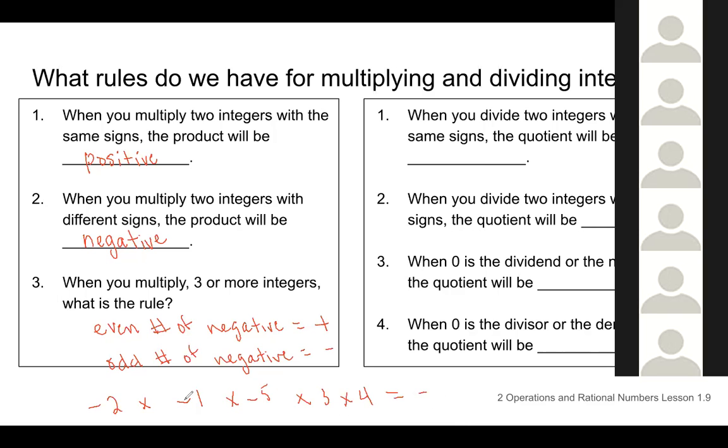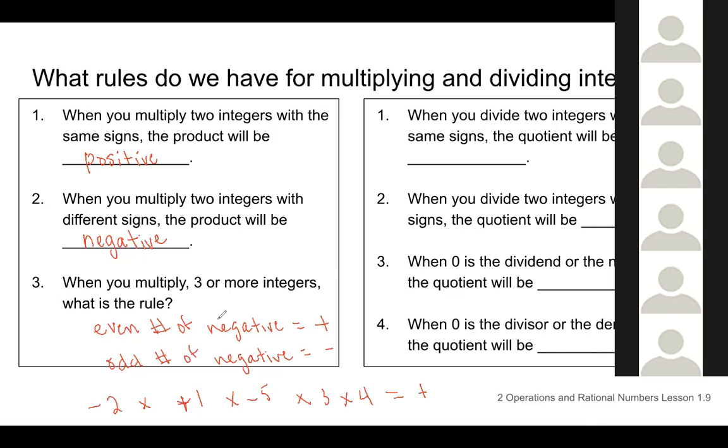But if I change one of these negative numbers to a positive, let's make the 1 positive, I now have 2 negative numbers, so my answer is going to be positive. If I have an even number of negative numbers in my problem, I'm going to have a positive result. If I have an odd number of negative numbers, I'm going to have a negative result. Hopefully you guys aren't working with too many, but just so you know, that's a good thing to keep in mind.